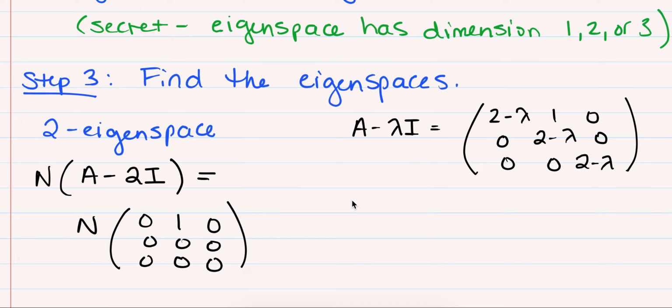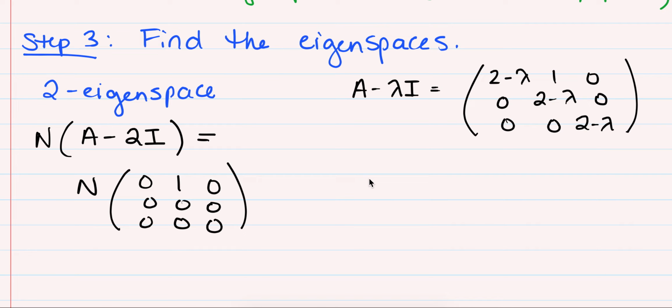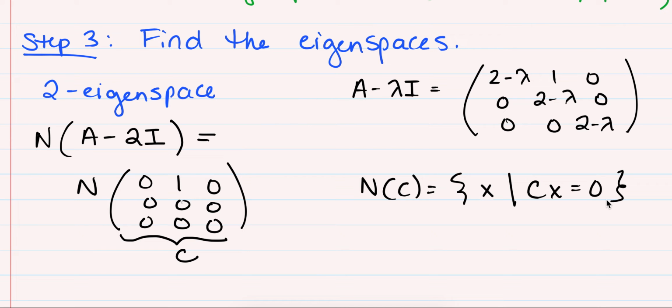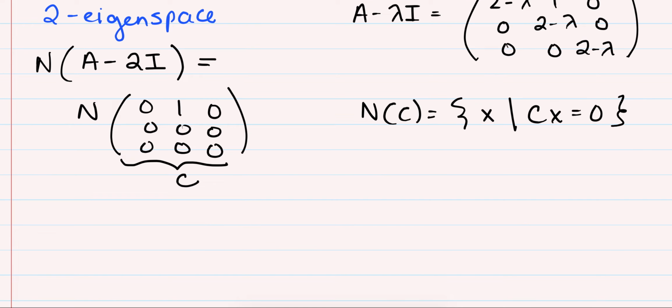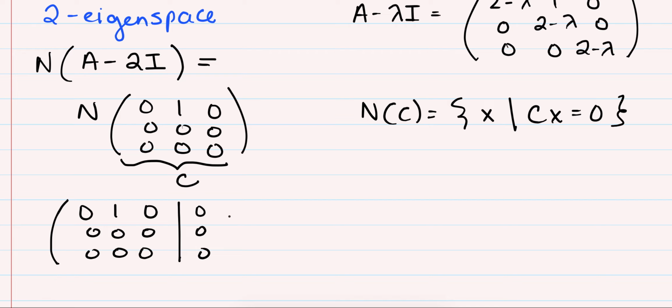Okay, how do we find the null space? Remember, we're looking for, let's call this matrix C. The null space of C is the set of all vectors x such that C times x is equal to 0. So we just need to make an augmented matrix. Let's put it here. 0, 1, 0, 0, 0, 0, 0, 0, 0 with a column of zeros.